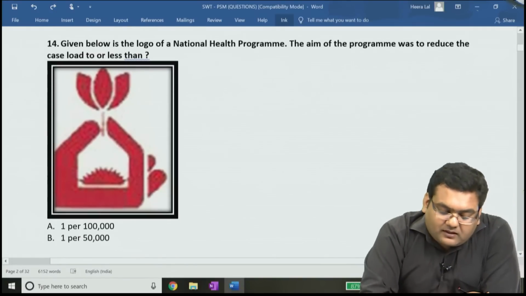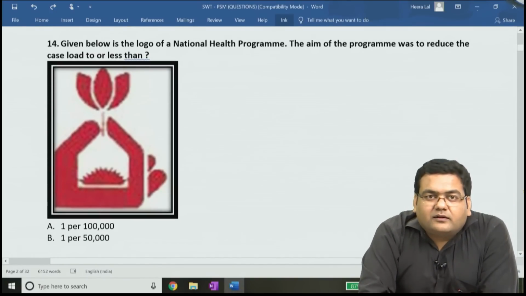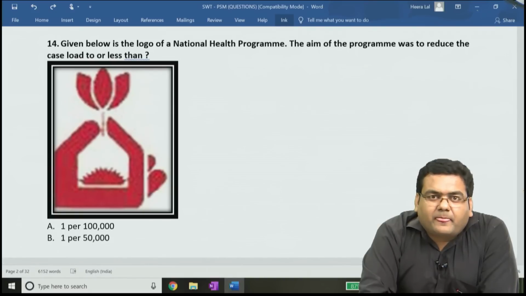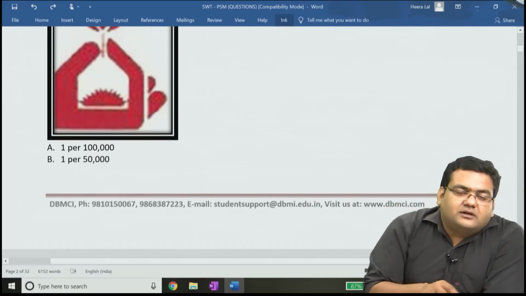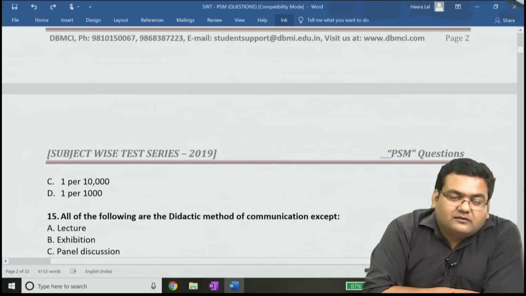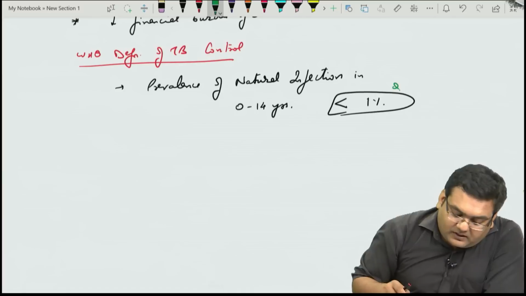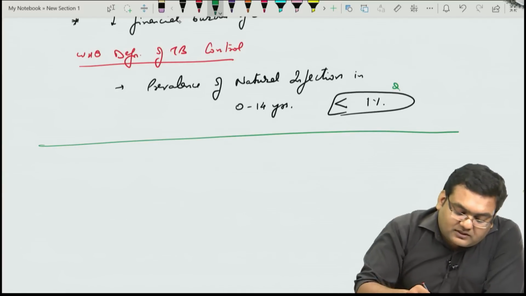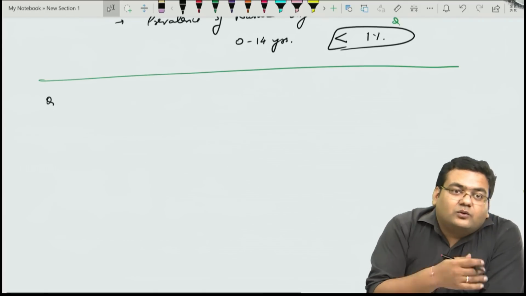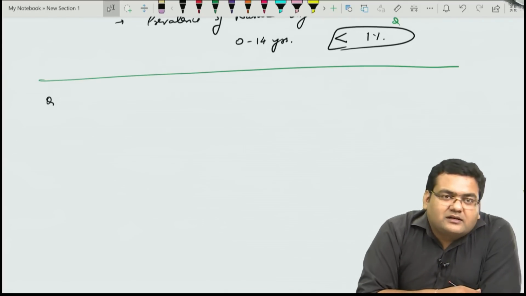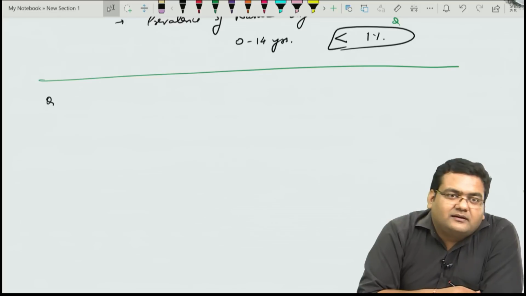Question number 14. A logo is given of a national health program. The question which the examiner is trying to ask is, the aim of the program was to reduce the case load to or less than. The correct answer is option C, that is 1 per 10,000. Before answering this question, first we need to know which national health program is signified by this logo.